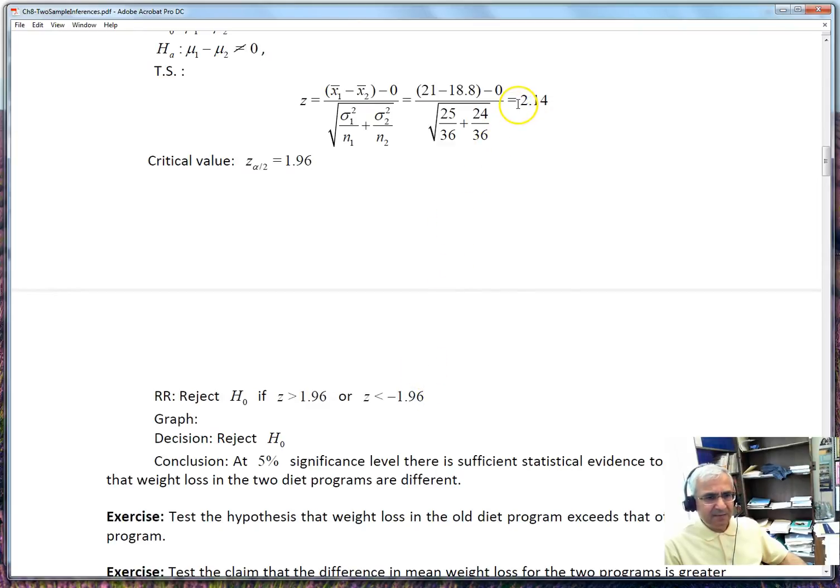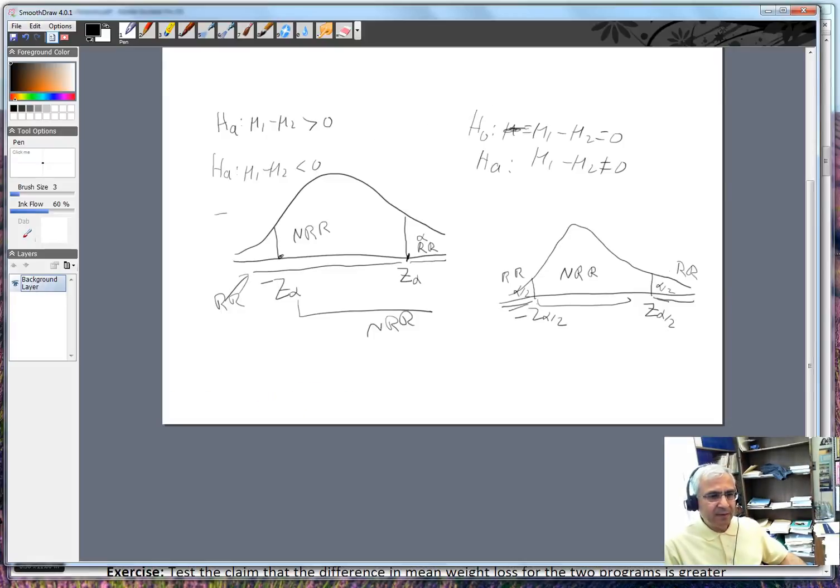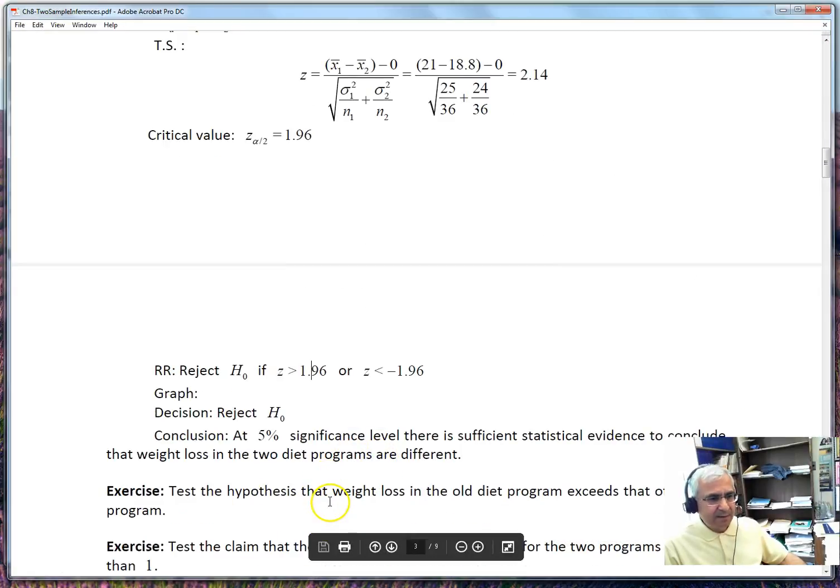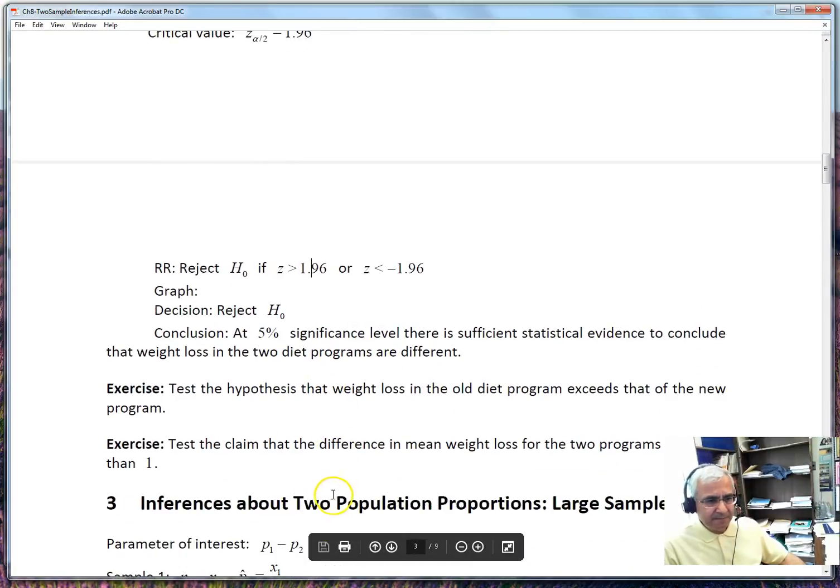So in this case, this value is larger than 1.96, and I can see that if I go up there, so I'm here, and this is my 1.96, and the Z value is up there in the rejection region, and therefore I reject the hypothesis.